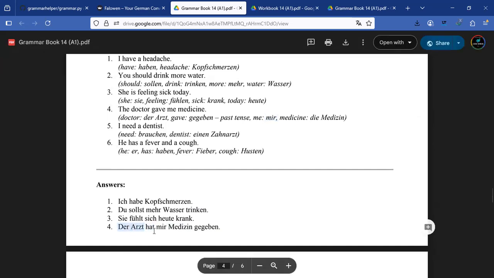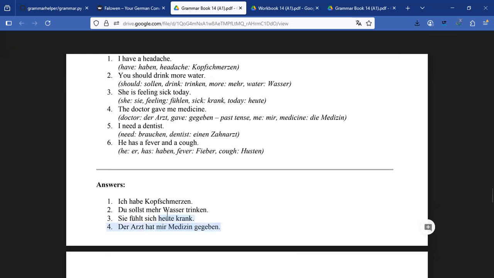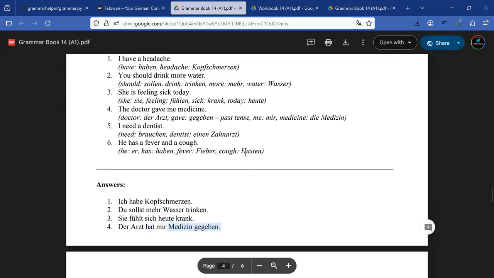So the doctor gave me medicine. So der Arzt hat mir Medizin gegeben. The past tense of geben, to give, is gegeben. Giving is to give, so gave is going to be gegeben.